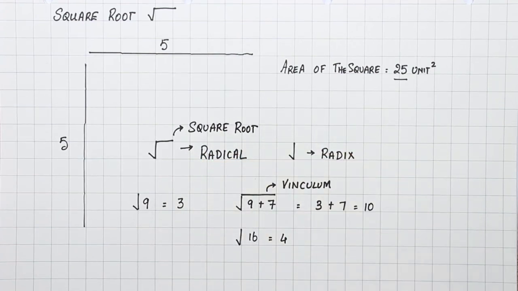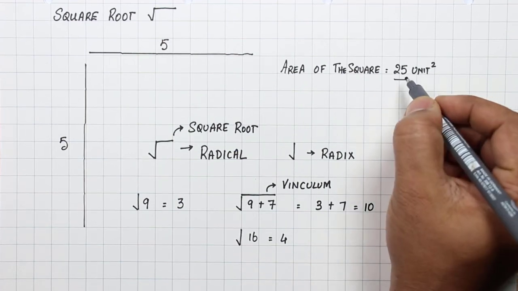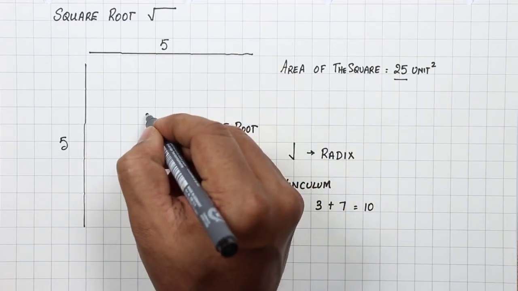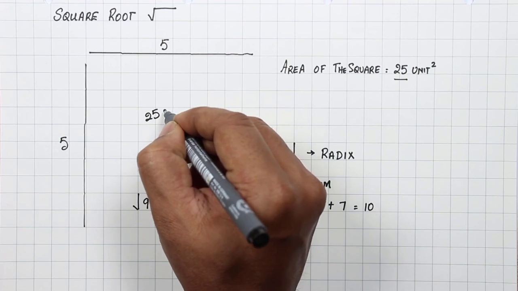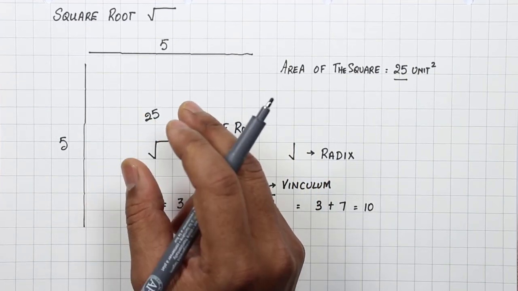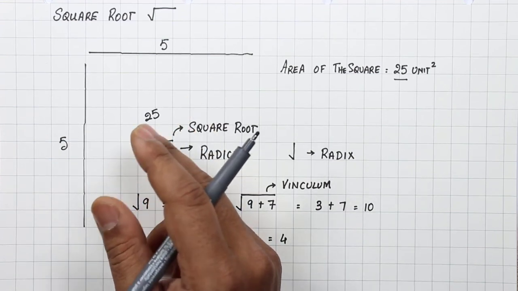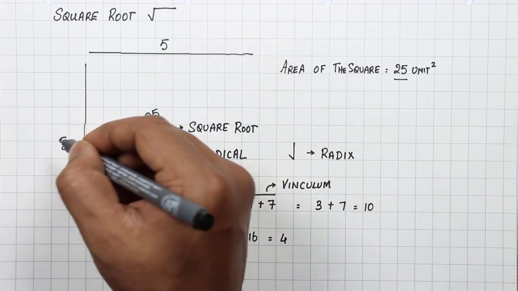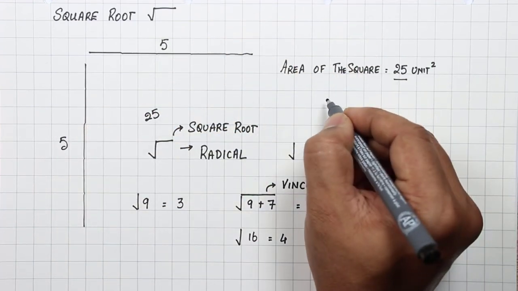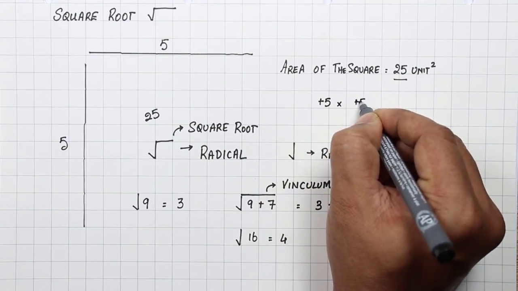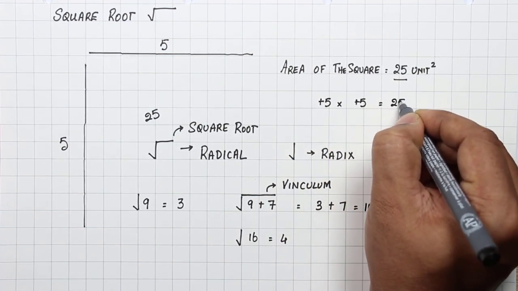Now every positive number has two square roots that are additive inverses of each other. Just take this 25. The area of this square here is 25 units square. This number 25 has two square roots that are additive inverses of each other. It could be either plus 5 or minus 5, because plus 5 times plus 5 is going to give you 25.